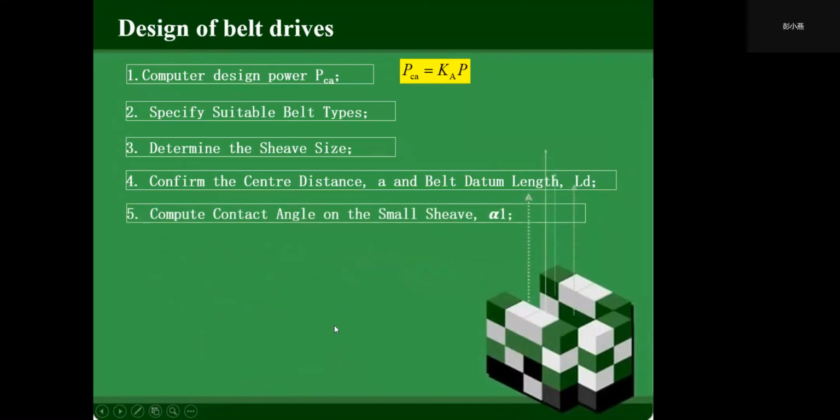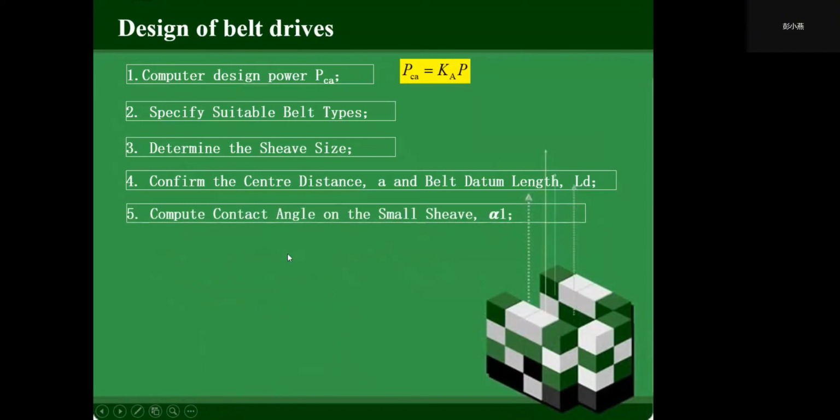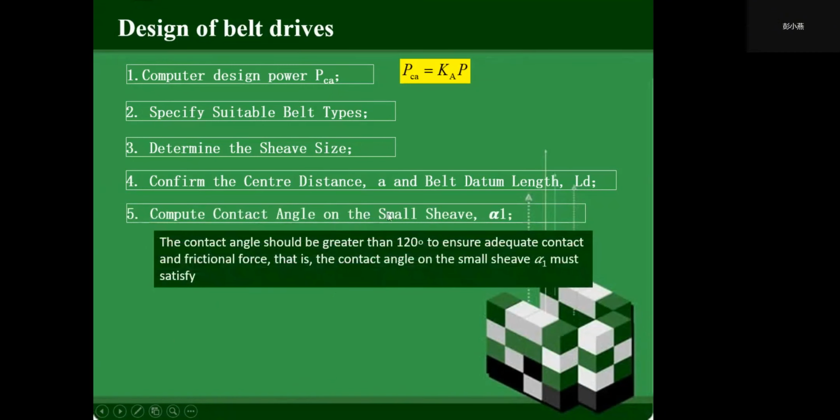And then we should compute the contact angle on the smaller sheave, or the driving sheave, alpha 1. We should satisfy that the contact angle alpha 1 should be greater than 120 degrees to ensure adequate contact and frictional force.